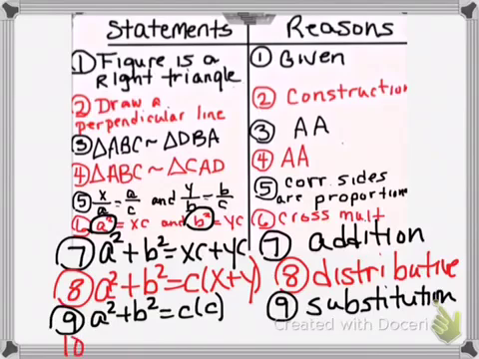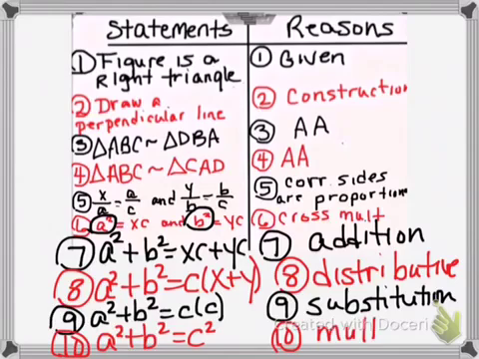So my final step, A squared plus B squared equals C squared, which is what we wanted to prove. I got that by multiplying C times C. So we started with the given, which is a right triangle, and we ended with what we wanted to prove, which was A squared plus B squared equals C squared, and that's the Pythagorean theorem.